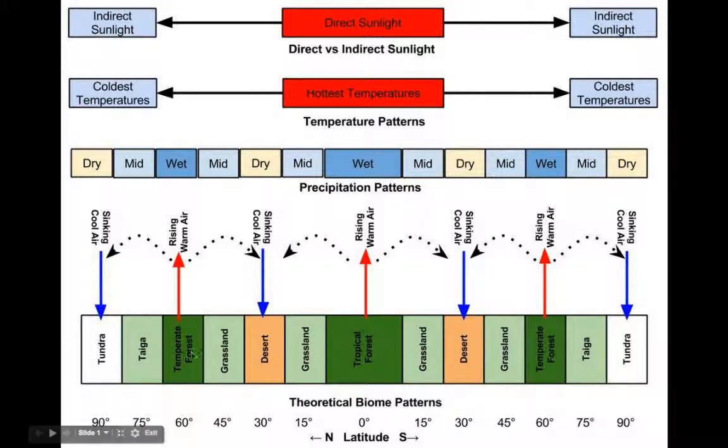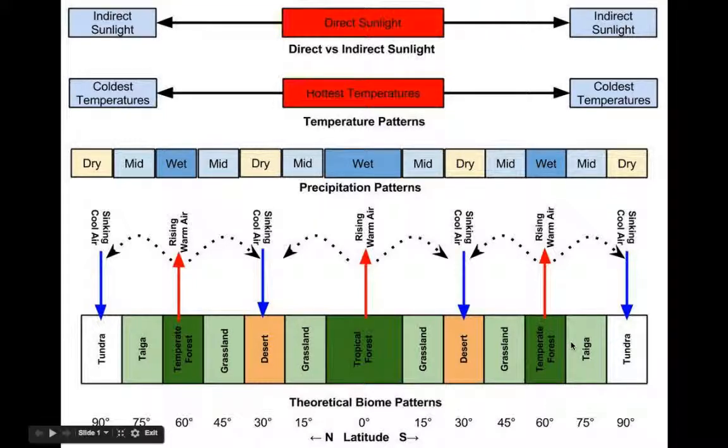What this is showing you is that there is a lot of vegetation here and that you gradually end up having less vegetation until you have almost none. And then you have a little bit more until you have lots, and then a little bit less until you have none. And it works that way on both sides of our planet, both the northern and southern hemisphere here. So really the question is, why does this happen?